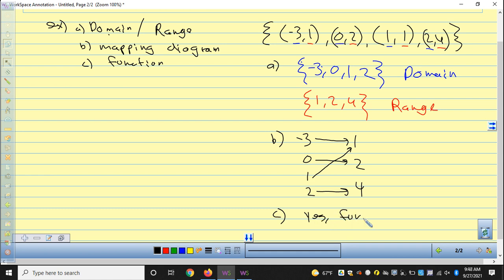It's a function because we have no repeats in the x's. If I look here, I don't have any number that's the beginning of my set of points more than once. So does a function have to have repeats in the x's? No, a function cannot have repeats in the x's. A relation can, but a function cannot.